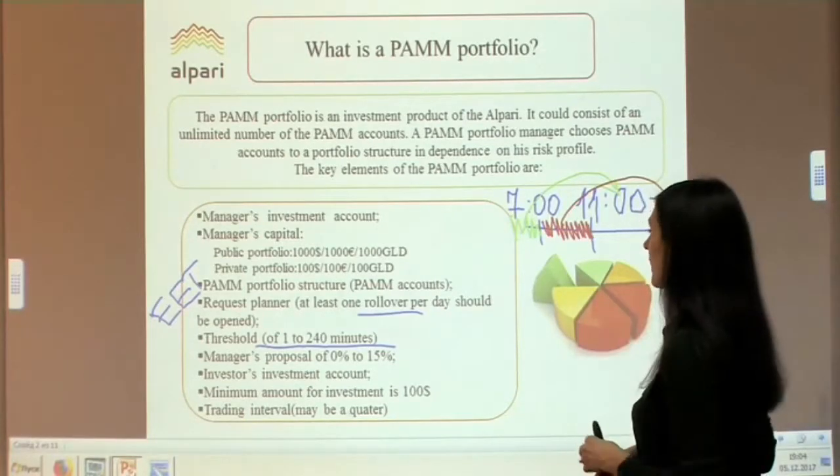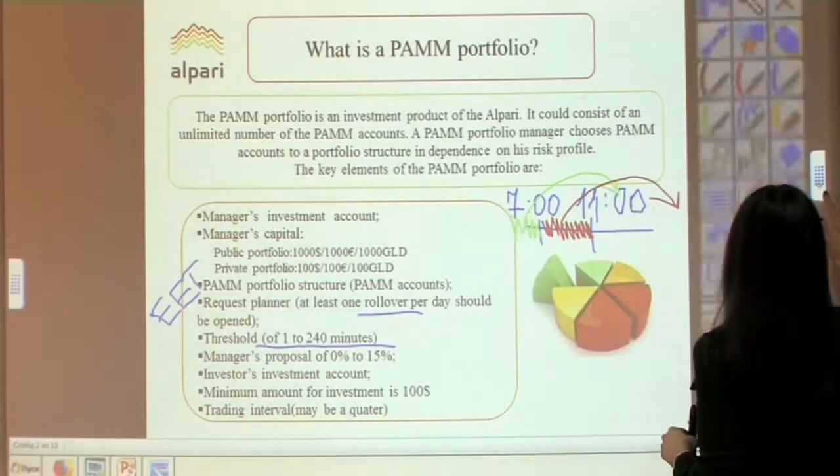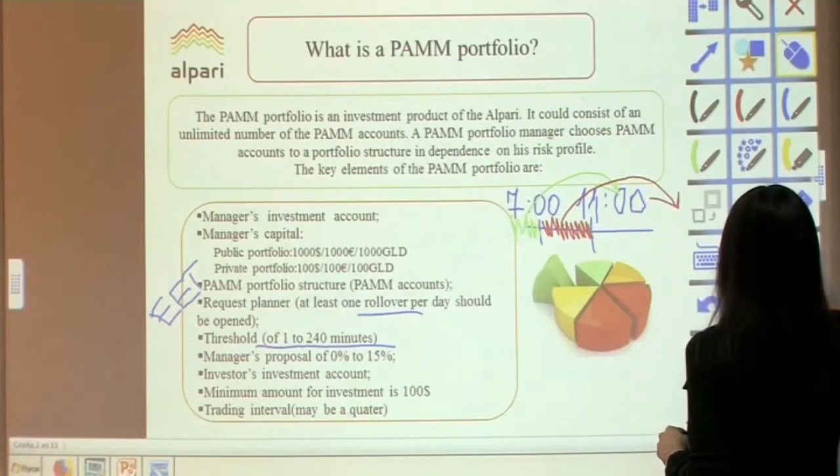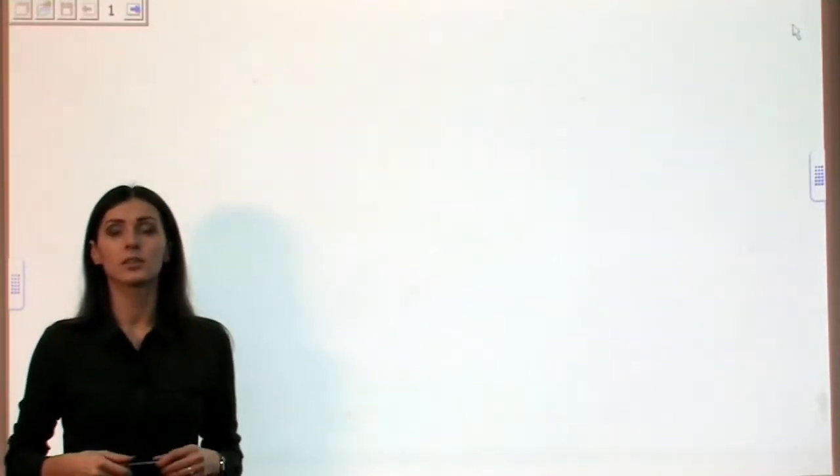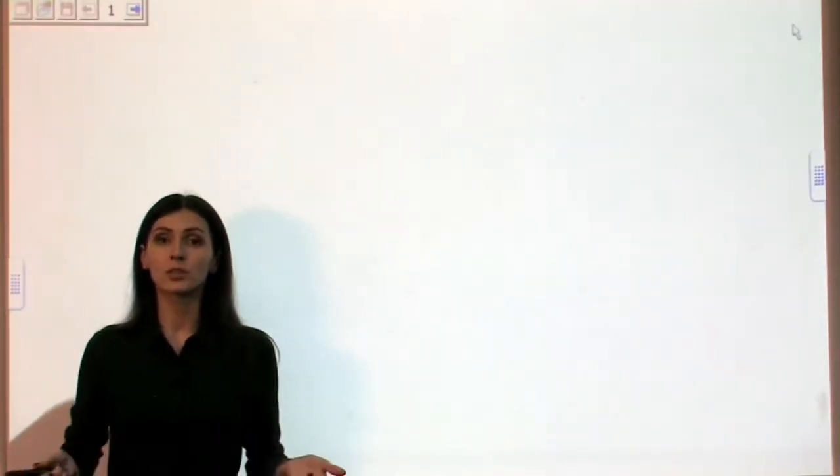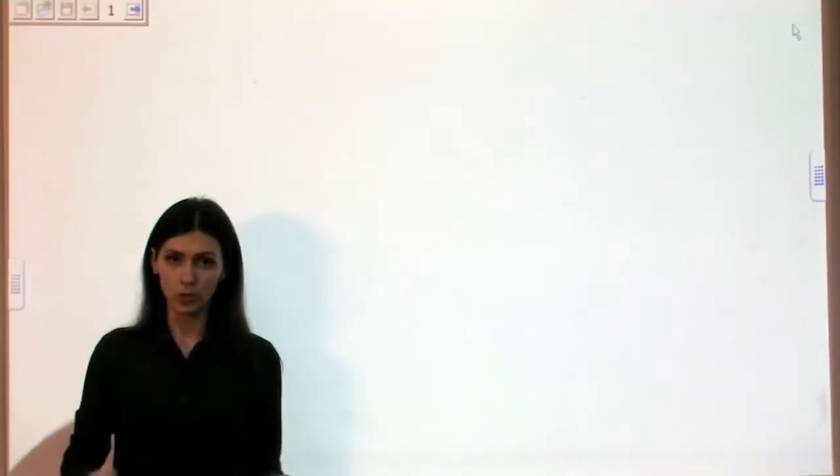Okay, here we are, and now I'm going to move on to the next question, and now I want to speak with you about the return to date formula on the PAMM portfolio.